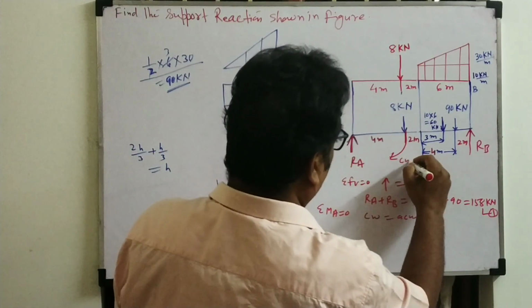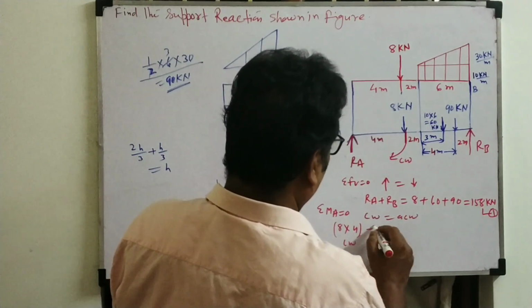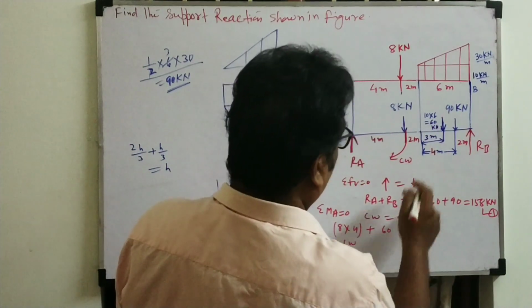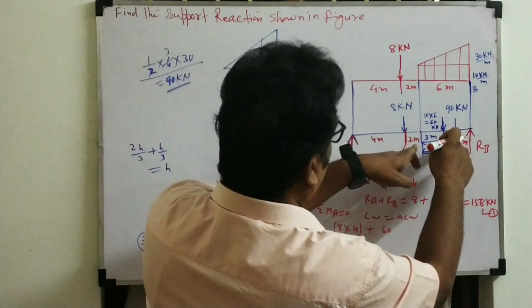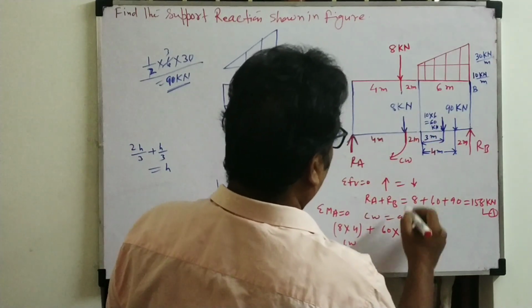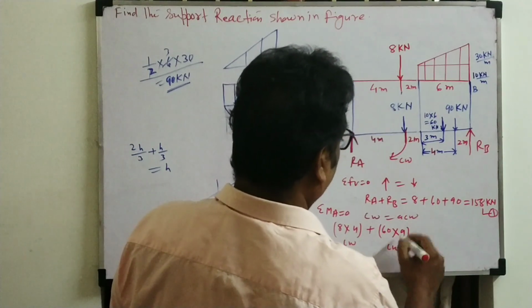So this is the clockwise moment: 8 into 4 clockwise plus 60. What is the distance? 4 plus 2 plus 3, so the total distance is 9.